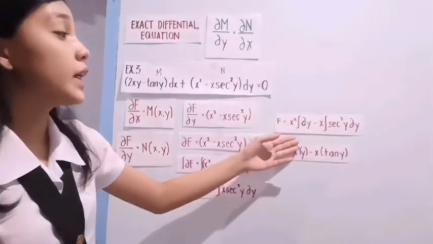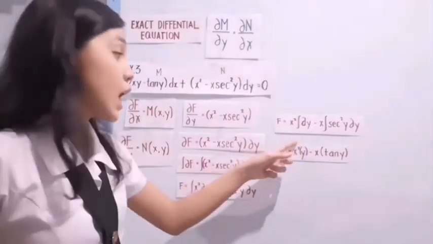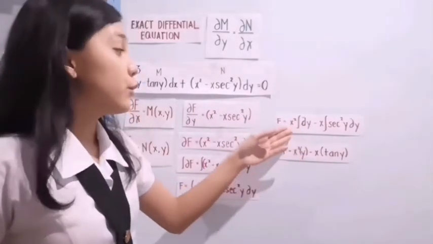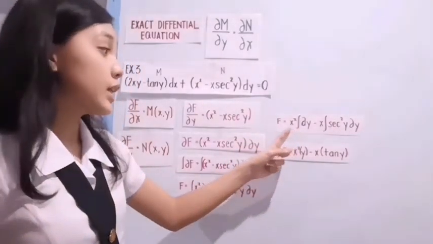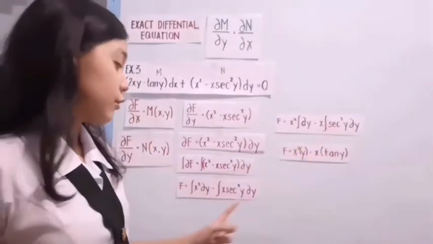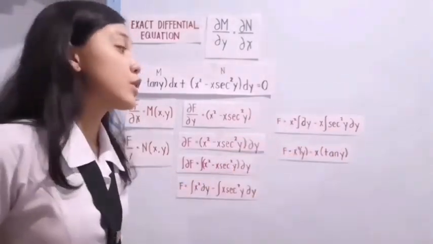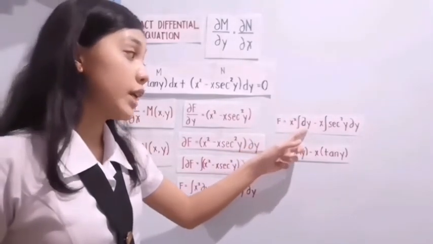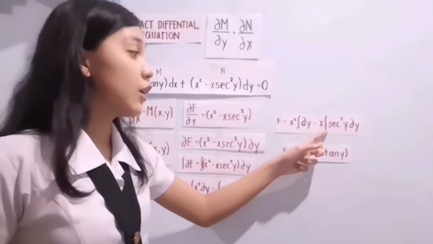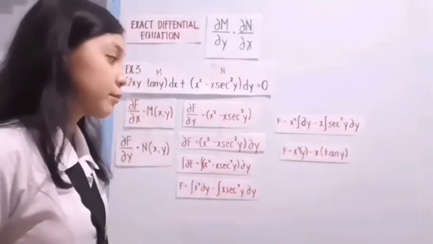Tapos dito naman, makikita natin na pwede natin ilabas yung mga constant, yung mga walang kinalaman sa y. So, yung x squared natin, pwede natin siyang mailabas, at yung x natin, pwede natin siyang mailabas. So, magiging f is equals to x squared, integral of partial derivative of y, minus x, integral of secant squared y, partial derivative of y.